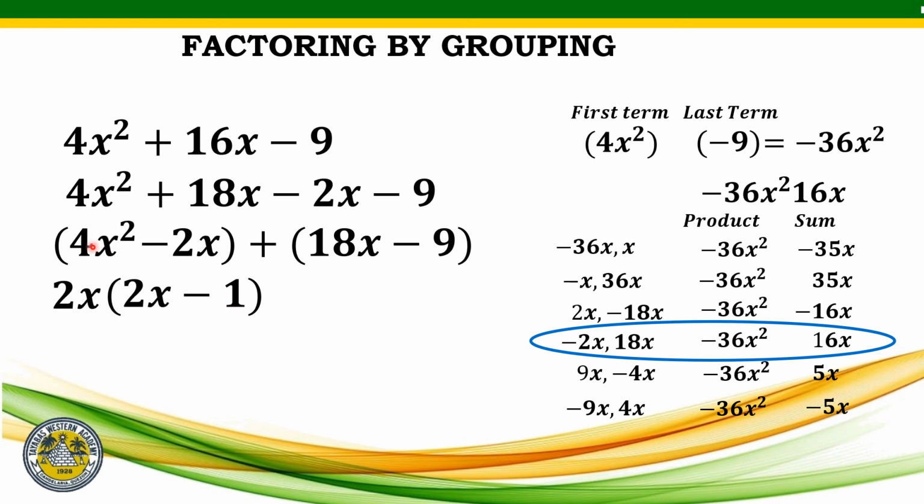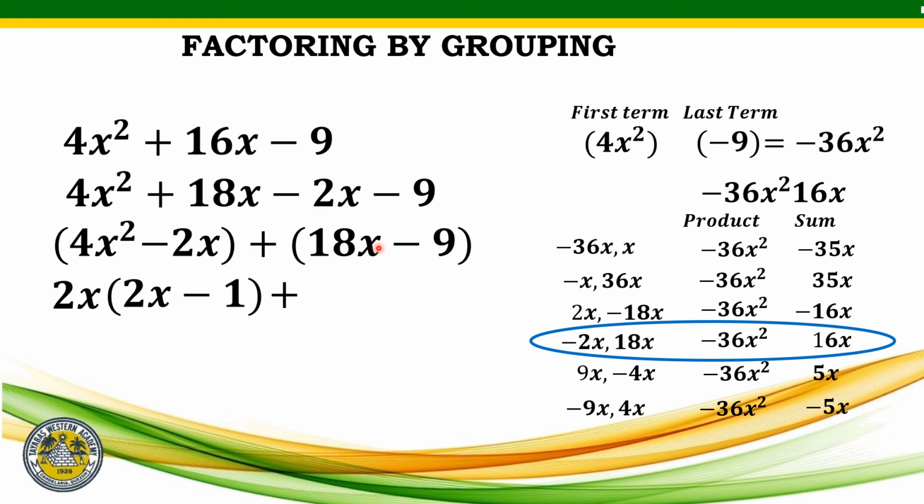Bakit? 4 divided by 2 is 2. X squared divided by x is x. Bring down the negative sign. 2x divided by 2x or 2 divided by 2 is 1. Then, x divided by x is also 1. So, 1 times 1 is 1. Isang 1 lang yung susulat natin. Then, yung plus sign.